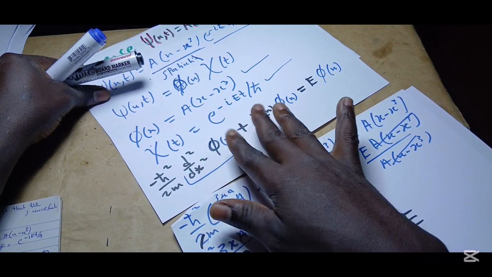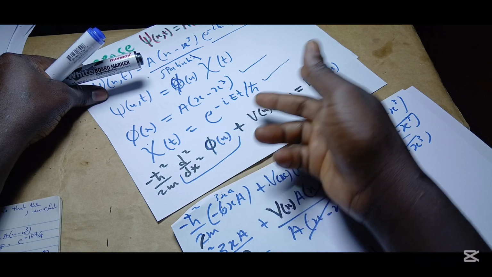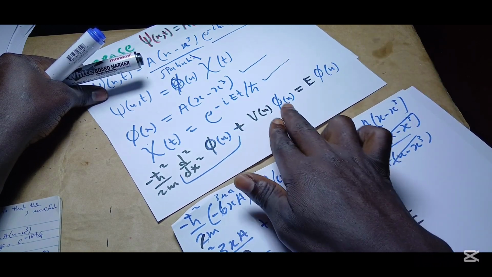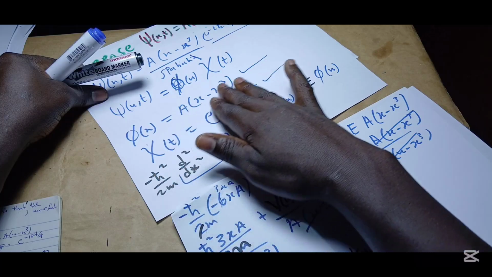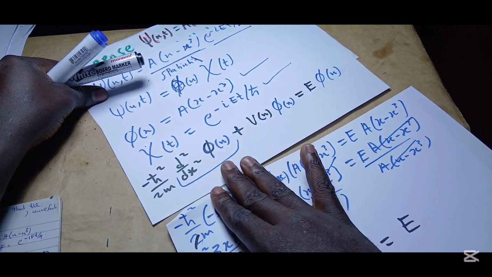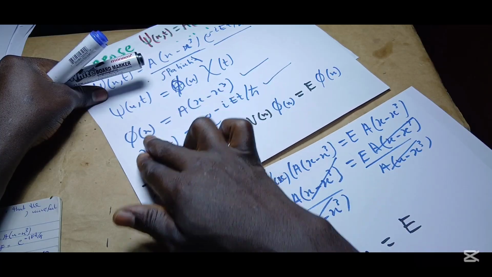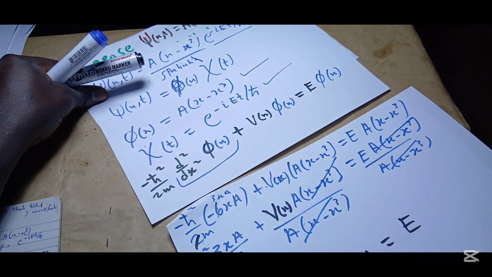Then you add the wave function to it. If the wave function we're looking at is psi, then we are going to get psi here. But the potential energy here is dependent on x. So we are going to focus on the x part, the spatial part, right? So that is why we introduce phi of x here, but not psi of x t, right?